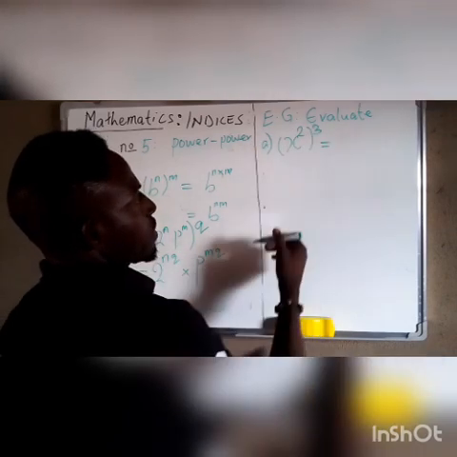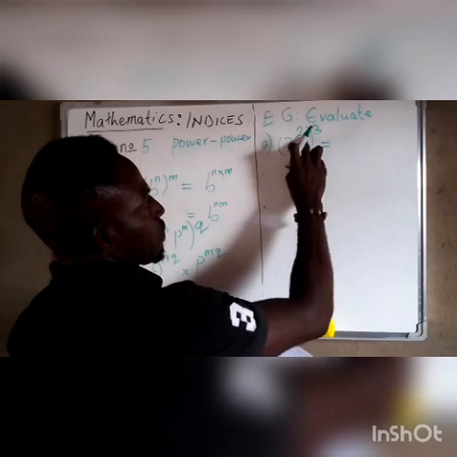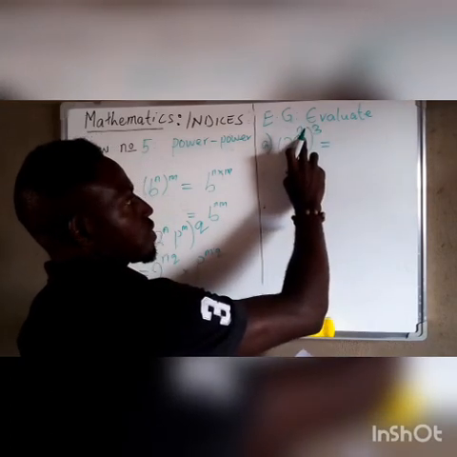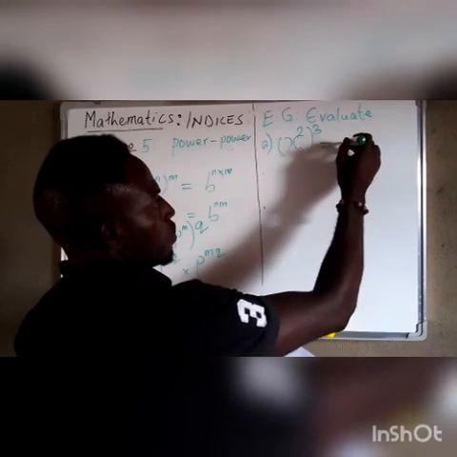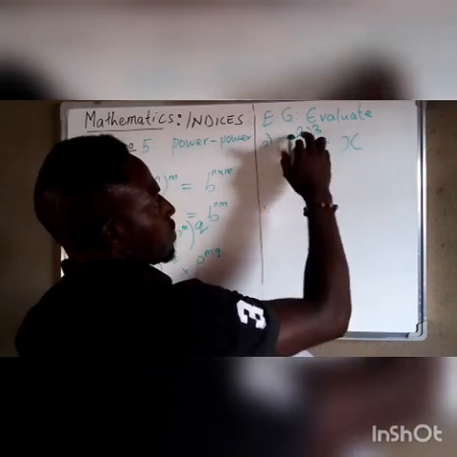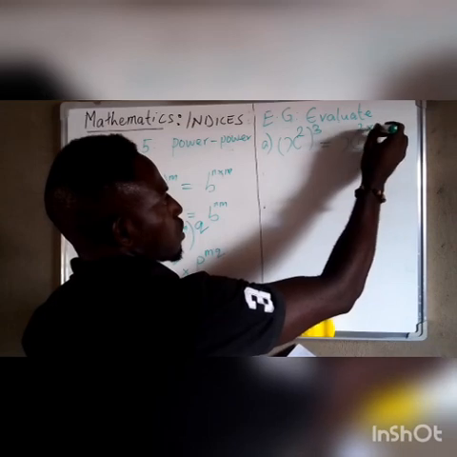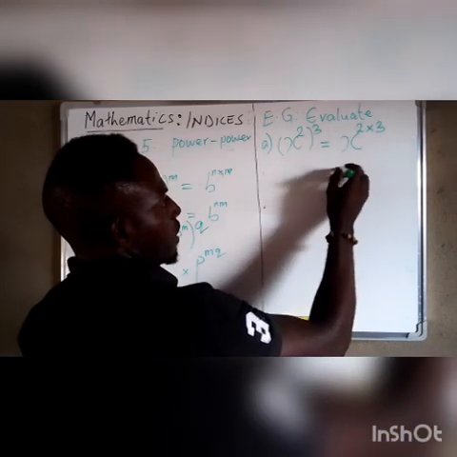The first power here that is inside the bracket is 2, and the outside power is 3. According to our power law, we bring out the x. We now have 2 multiplied by 3, and that gives us x raised to the power of 6.